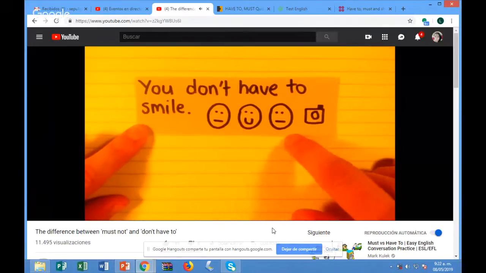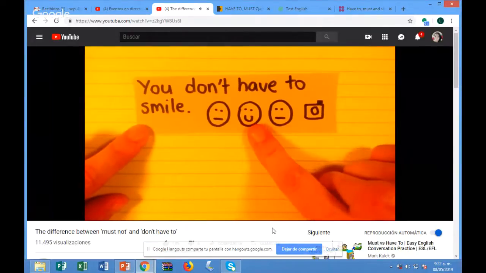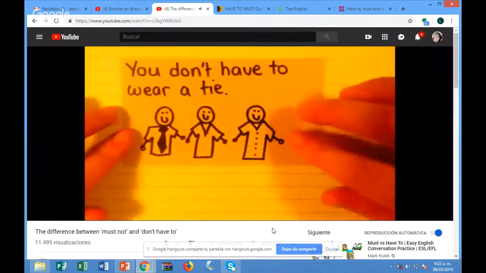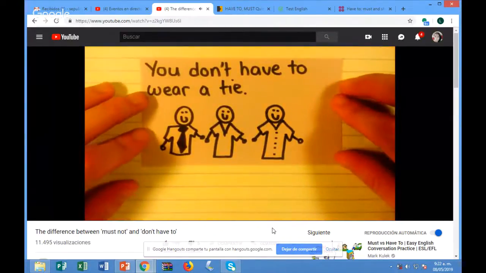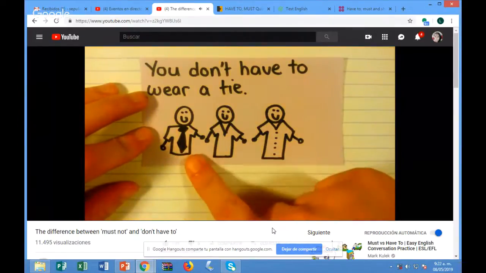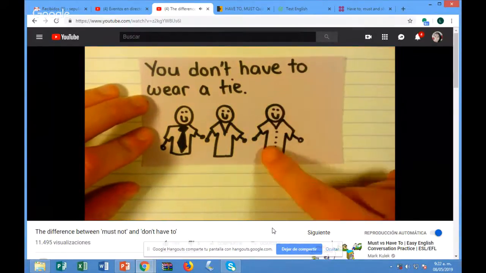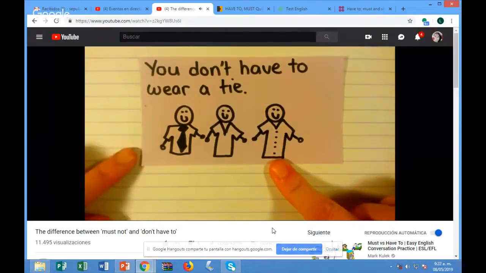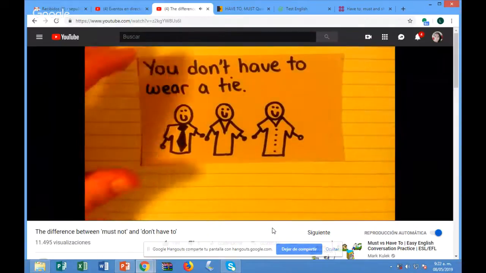You're not obliged to smile, but you can smile if you want. Or, you don't have to wear a tie. Wearing a tie is not necessary, but you can wear a tie if you want. You're welcome or allowed not to wear a tie. You don't have to wear it.